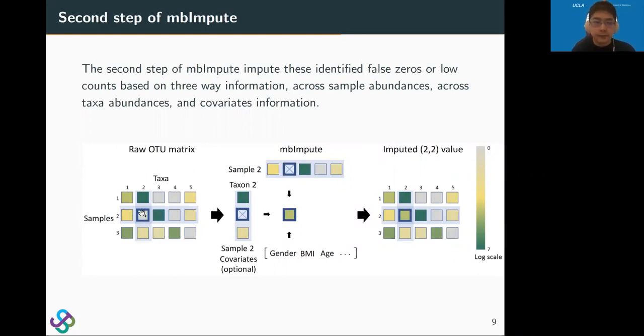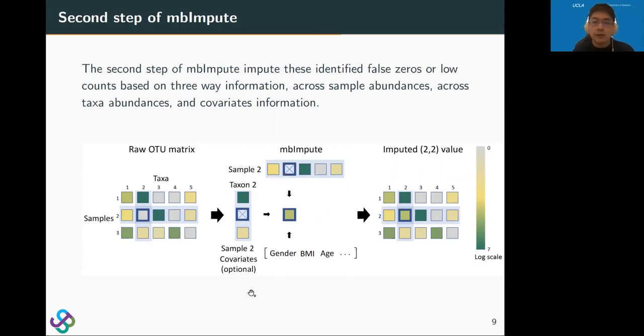Basically, after we identified, for example, if we have 3 samples and 5 taxa, we have identified this cell to be the false 0. Then we will impute this cell by borrowing information across taxa in the same sample and borrowing information across different samples for this same taxon.